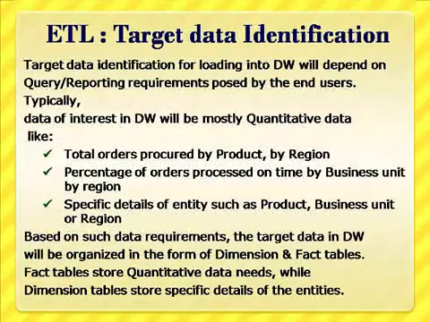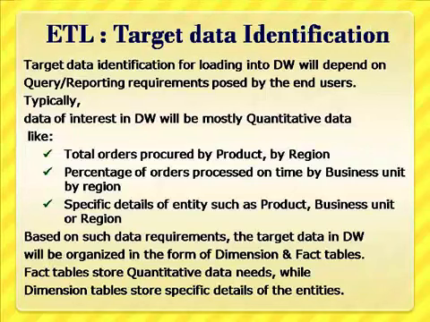Target data identification in ETL. In this activity, the target data identification for loading data into the data warehouse will depend on the query and reporting requirements posed by the end users.